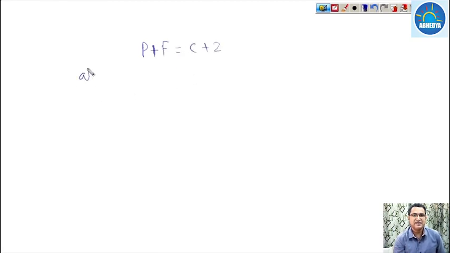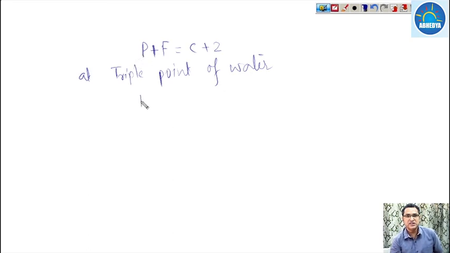Now, let us assume the triple point of water. What happens at the triple point? What is the phase? Water exists in all three phases, that is solid, liquid as well as gas. So the total number of phases of water will be 3.